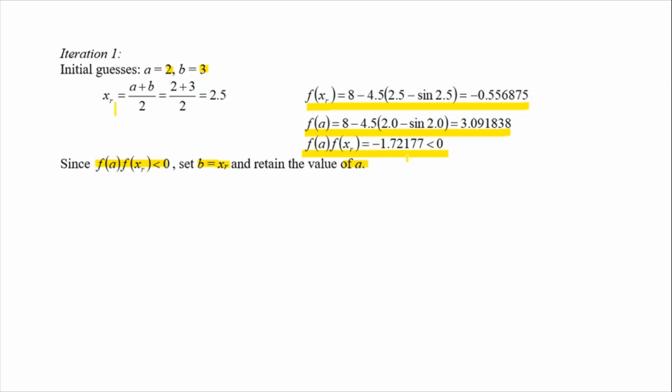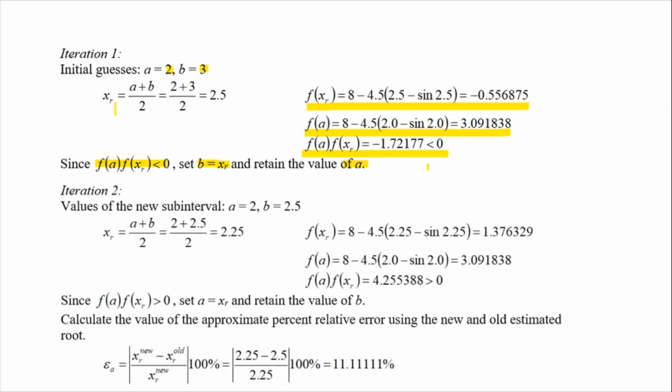Now we will proceed to the second iteration. So at iteration number 2, the new values of the new subinterval are, since we retain the value of a, which is equal to 2, and we set b equal to xr. Solving further, we get the second approximate of the solution, which is 2.25. Now, following the same procedure, we get the value of the product of the function at a and xr, which is greater than 0.